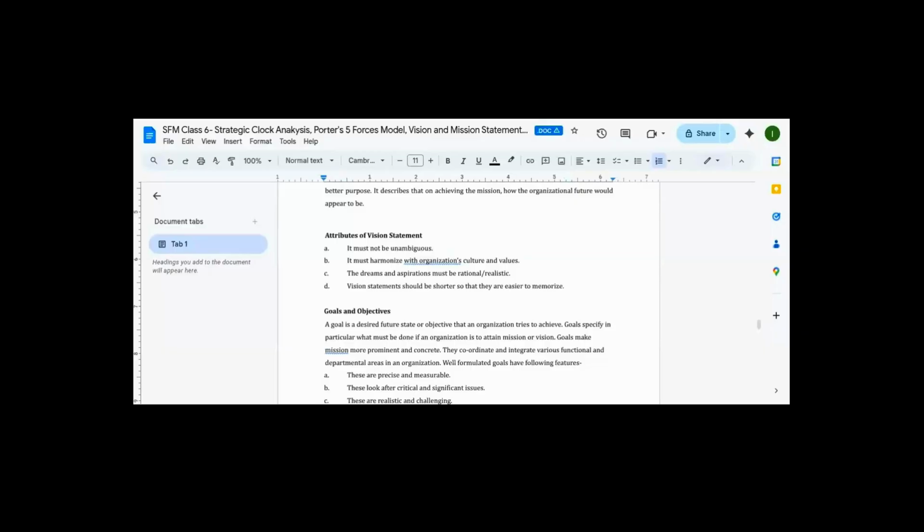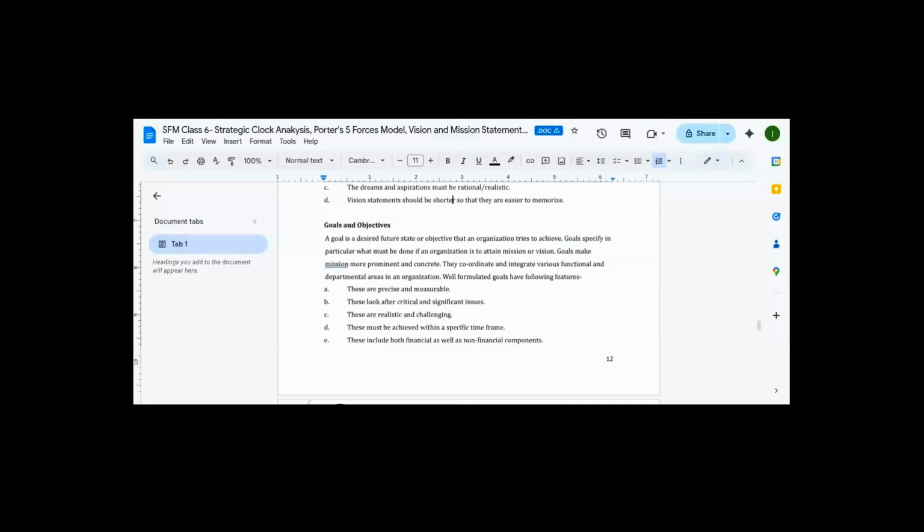Both mission statement and vision statement comprise the core values, philosophy, and culture of the company that we must not compromise. Another attribute of a vision statement is that it should be shorter so that it is easy to memorize.